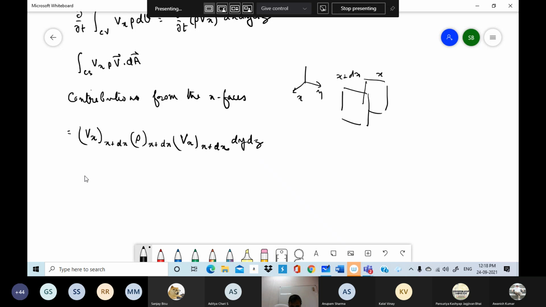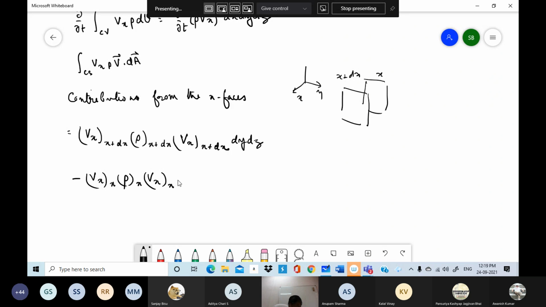That does not depend on the value of x, minus Vx at x into rho at x into Vx at x, and the minus came because the v dot dA is negative, because the unit dA is in the negative direction and the Vx is in the positive direction.